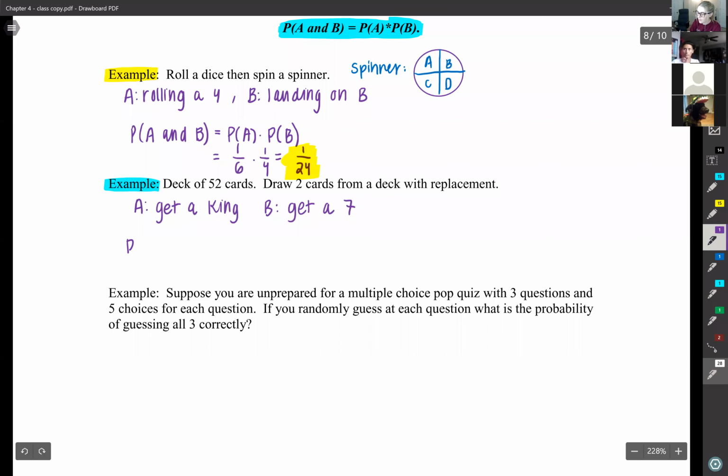So I want you to find the probability of A and B happening when you draw the first one and then draw the second one. So go ahead and give this a shot with that multiplication rule that we learned. And then when you get an answer, same thing, private chat me your result.